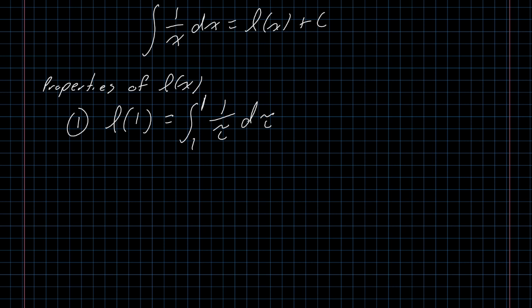Again, I like tau. If you don't like tau, you can use something else. But we're taking an integral where the upper and lower limits of integration are the same number. And a nice property of integrals says that whenever you're integrating from a to a of anything, you get 0.